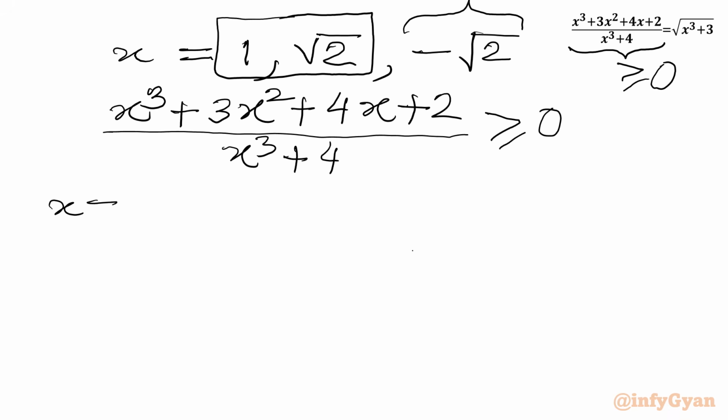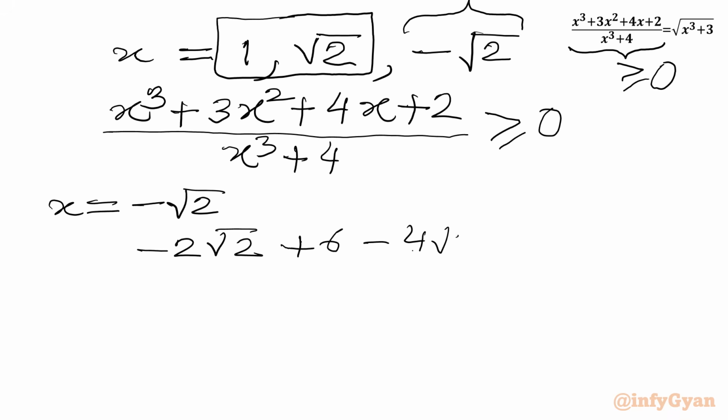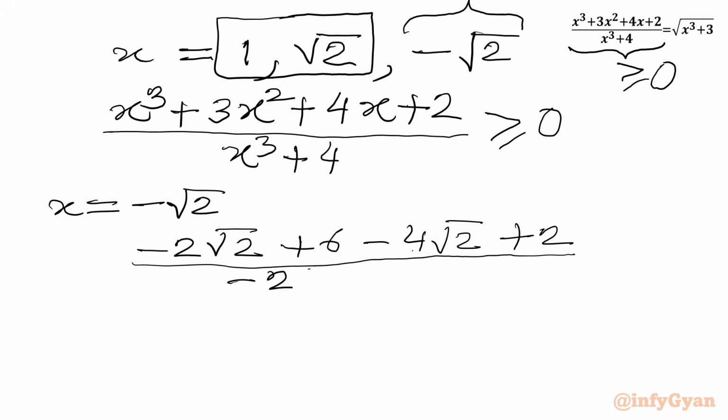So I will put x equal to minus square root 2. So minus root 2 cube, minus 2 root 2, plus 3 times minus root 2 whole square, 6, plus 4 times minus square root 2, minus 4 square root 2, plus 2 in the numerator, and in the denominator we'll write minus 2 root 2. This is x cube.